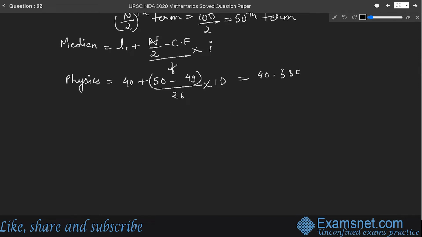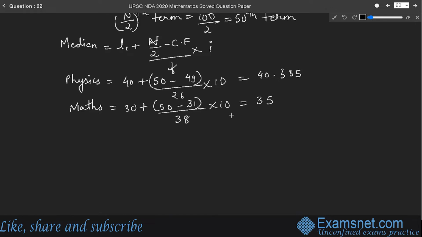Now similarly finding the median for mathematics, it will be 30 plus 50 minus 31 upon 38 into 10, which will be equal to 35.